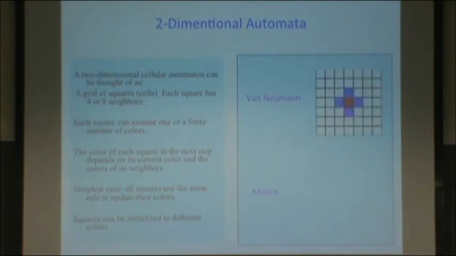One is what von Neumann suggested, 4 neighbors. Another one is Moore's neighborhood with 8 neighbors. We'll mostly talk about, well, only talk about this way of defining neighborhoods. And the simplest case is when all squares use the same rule to update their colors, and you can start with any initialization.